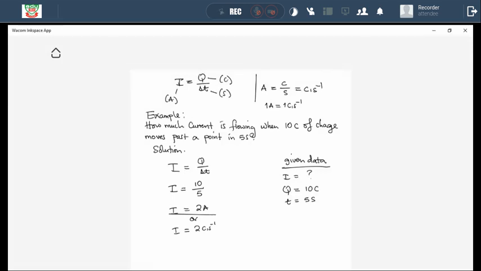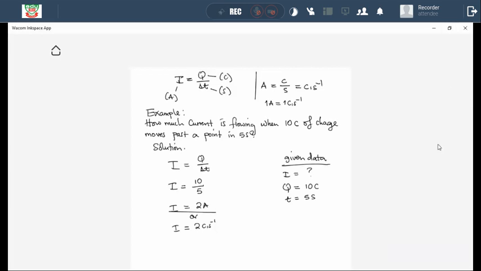So friends, this is how we calculate current in our electric circuits. And now in our next lesson, we are going to look at what we call a series circuit. There are three things that we are going to focus on when we look at a series circuit.